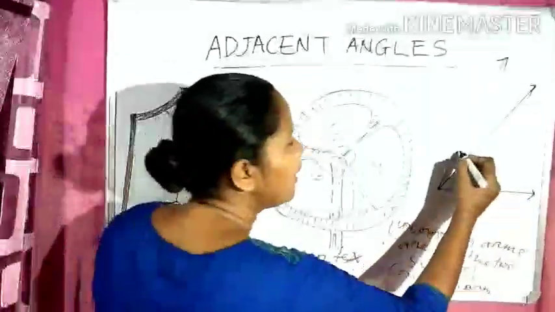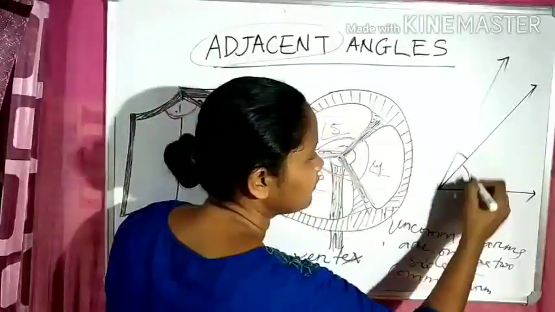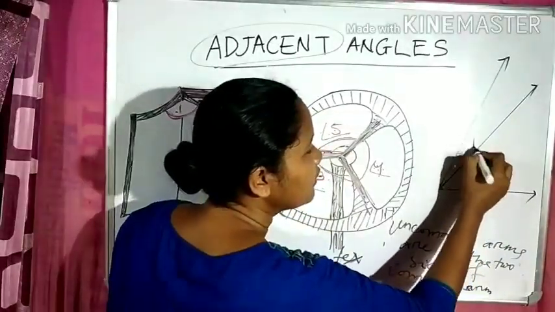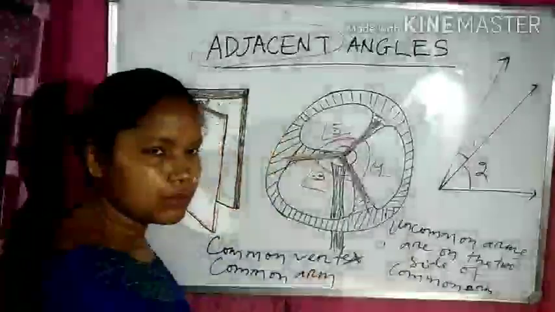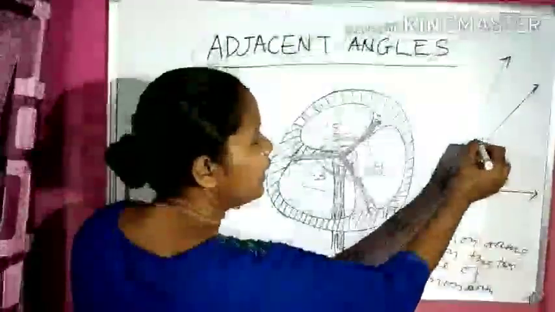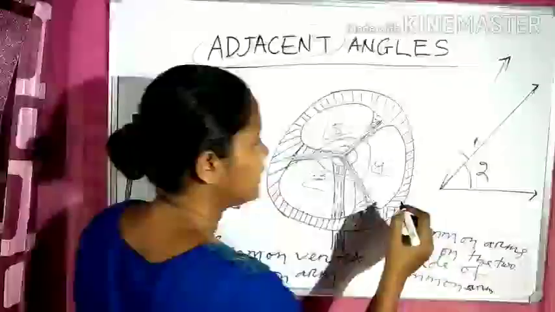Let's see this example. Here we have two angles, angle 1 and angle 2. Are they adjacent or not? Let's see.